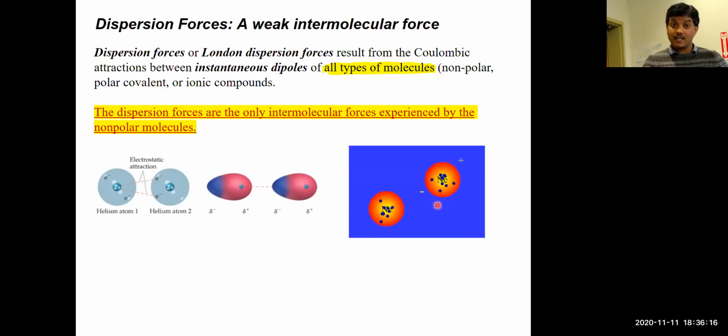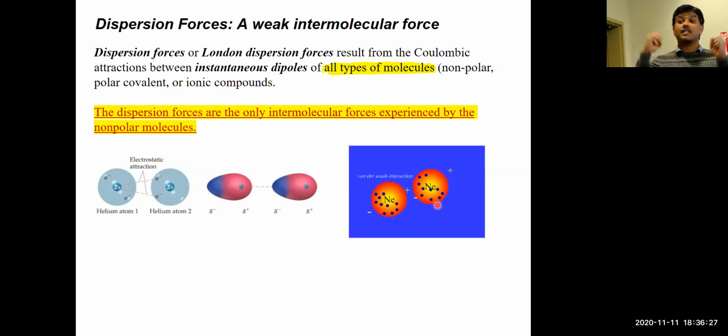That creates a temporary dipole, an instantaneous dipole, which is not permanent because there is no polarity in them. That's why we call this instantaneous. Because it is so instantaneous, we call this a weak intermolecular force. Okay.